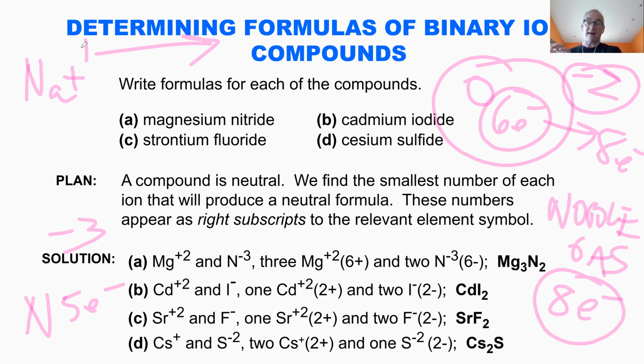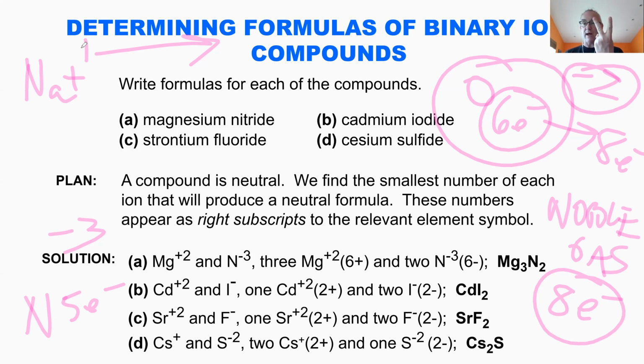But the thing to remember is non-metals on the right side of the periodic table gain electrons. They take electrons from metals. Metals lose electrons. So if you want to know what charge a non-metal is going to be, count and see how far away it is from the noble gas.